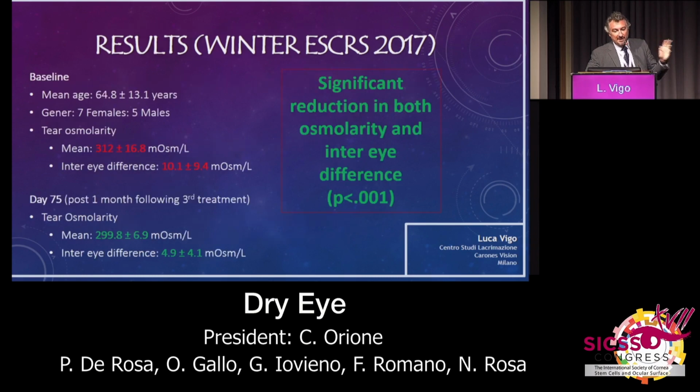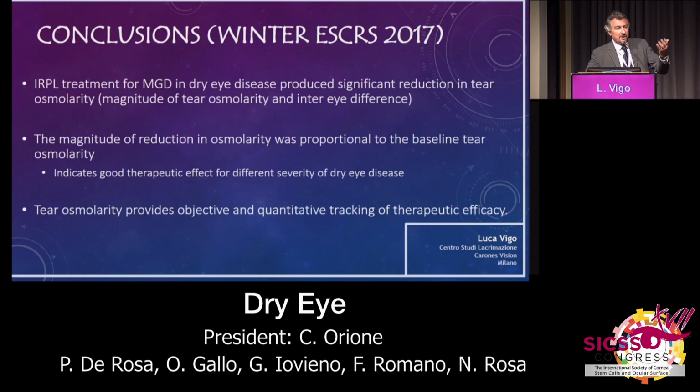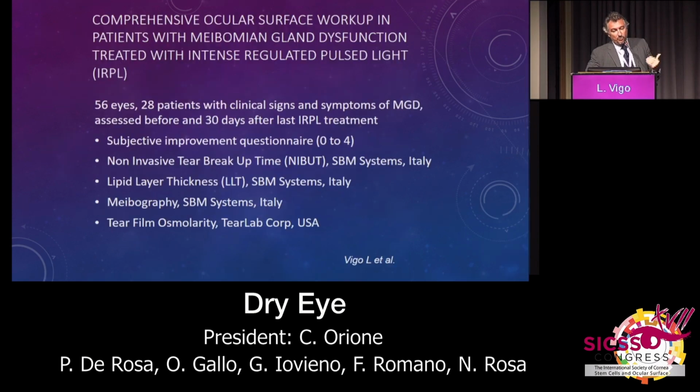On the first 12 subjects, we have assessed osmolarity, and in this way we proved that this pulsed light actually succeeded in reducing osmolarity in these first 12 patients. The higher the initial value, the better the outcome.